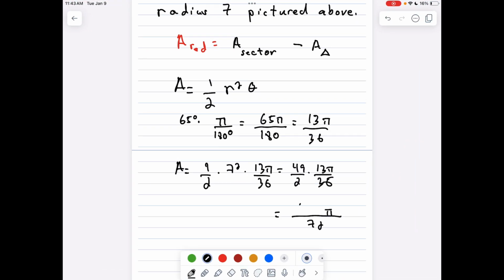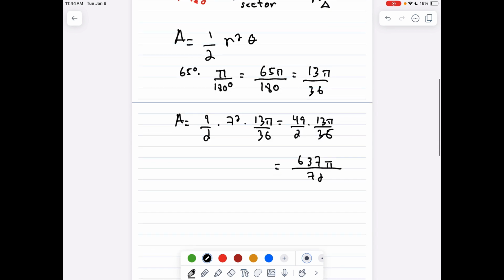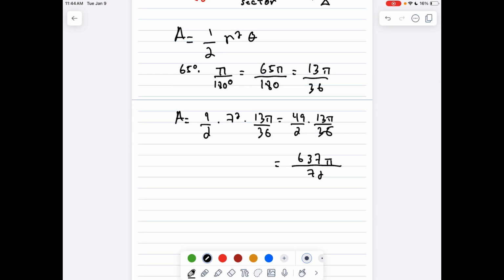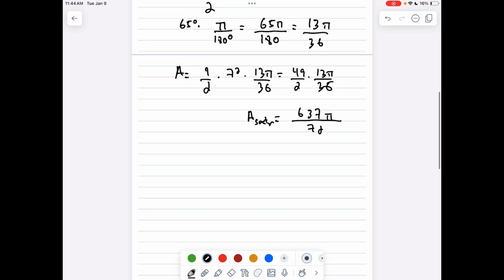So it'd be 637 pi over 72. All right, so that is what our area would come out to for that sector. And let me write that out, sector. And now for the area of that triangle.